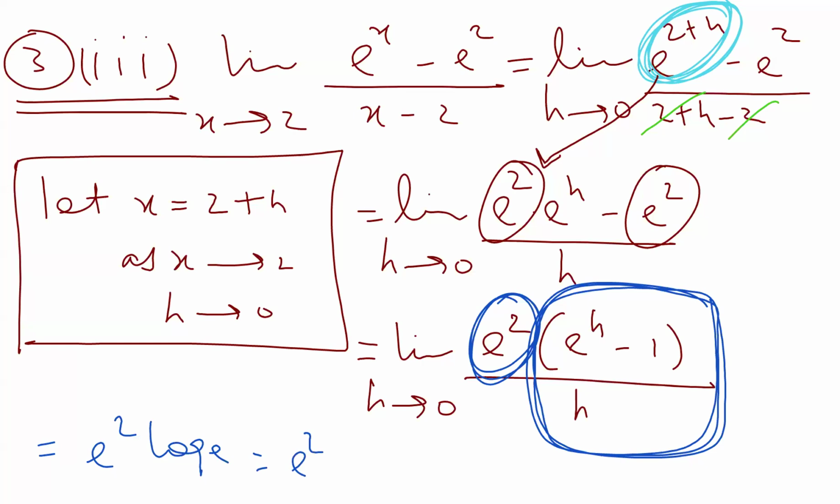So here in this problem we had to do this h method. Either LHL or RHL, I relied on RHL for this problem. But if you do LHL, you'll get the same answer, right?